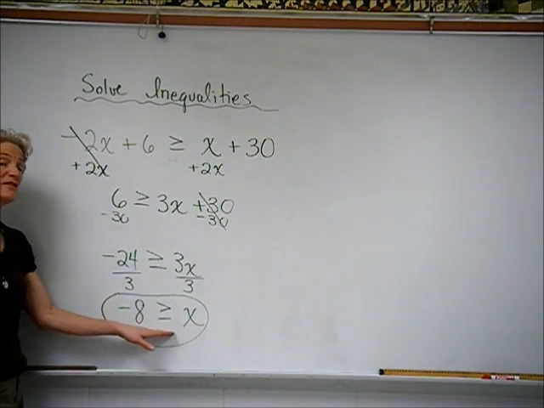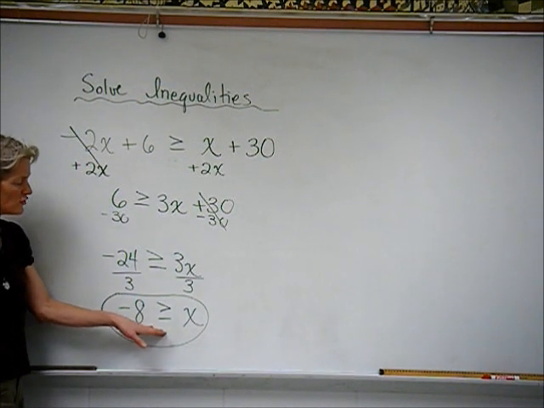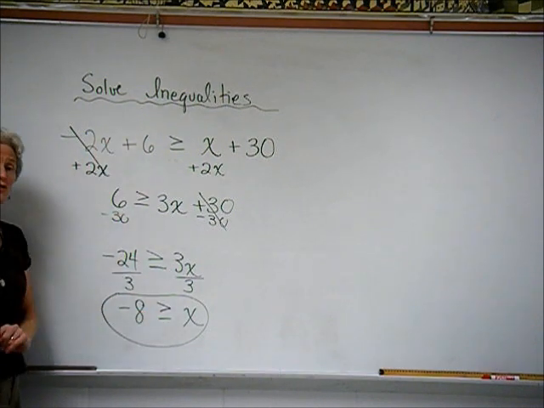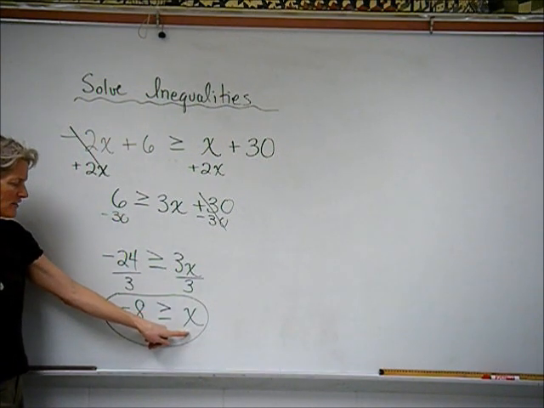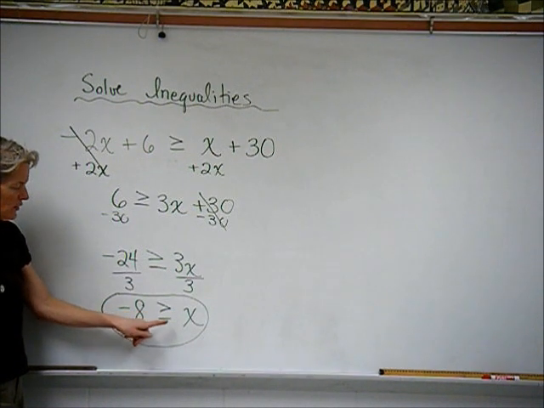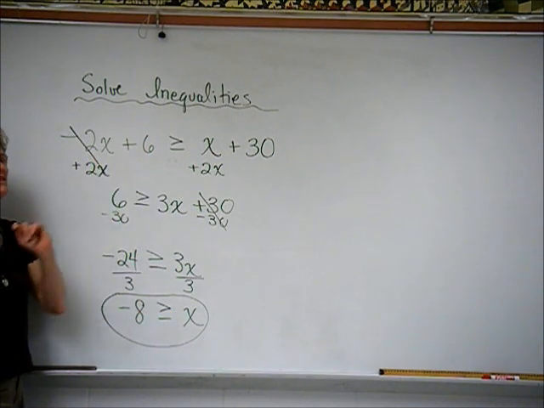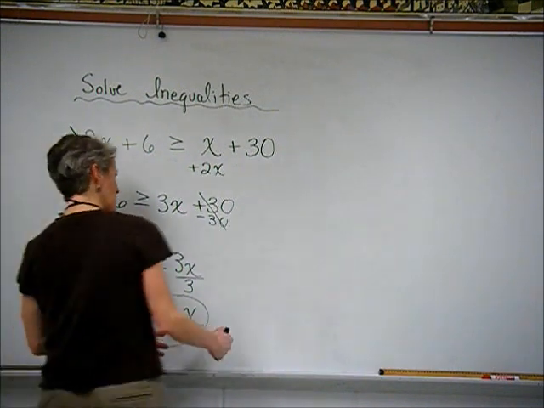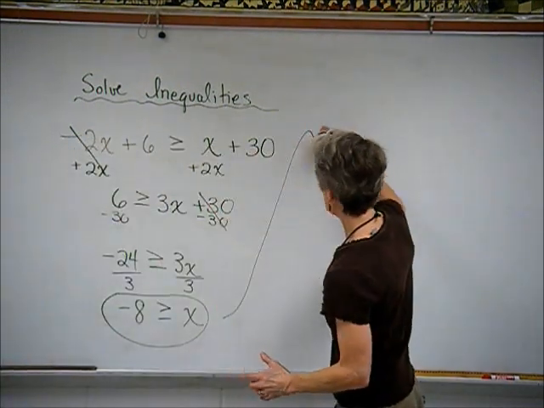That, I'd say, is my solution set. It's a solution set because that's an infinite number of numbers that make this true. Any x that's less than or equal to negative 8, when I plug this in, will make this true. Now, it's a little funny because I have the x on the other side. So let's just see how that would work.